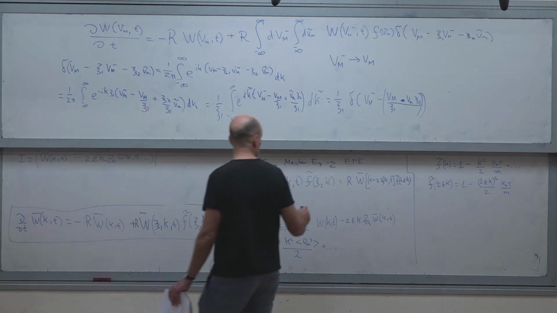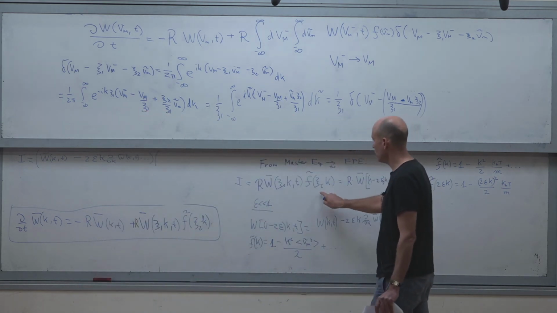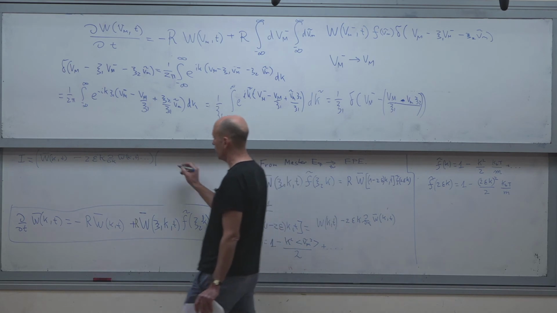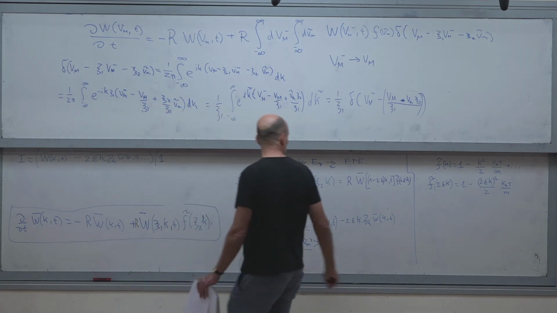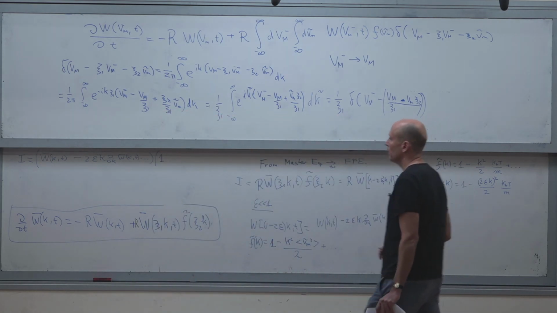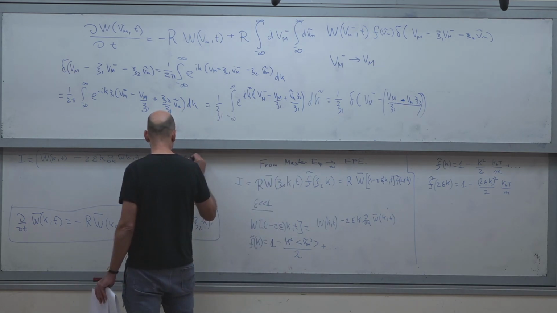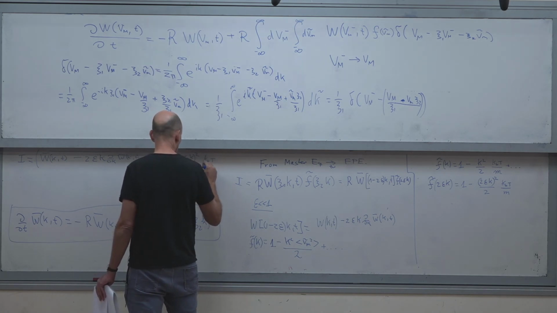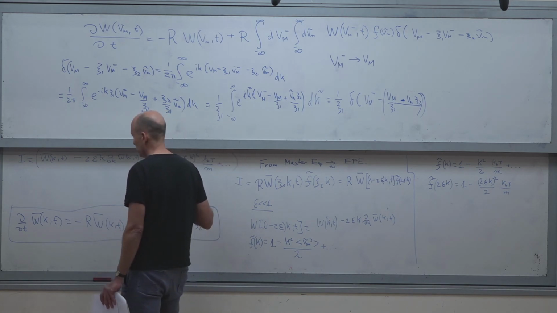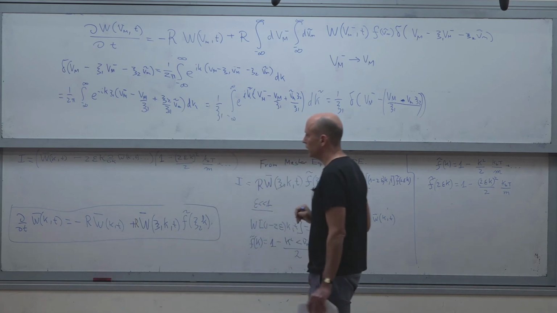Now I need to multiply this by this f. So the leading term is 1. This is, again, the normalization, minus (2 epsilon k) squared over 2 k Boltzmann T divided by m. And there are more terms, but we neglect them.